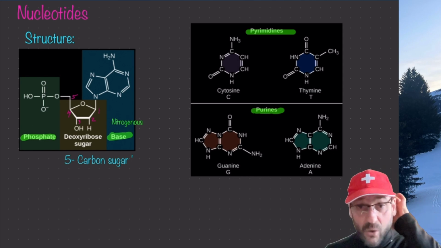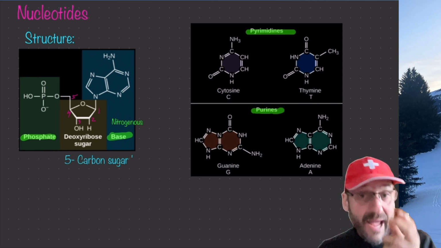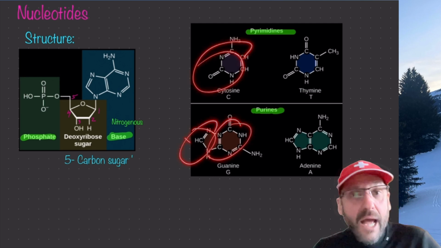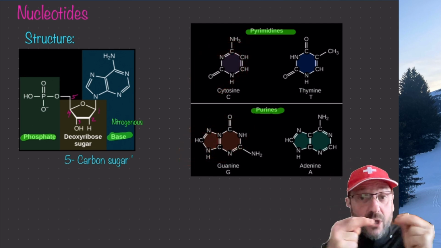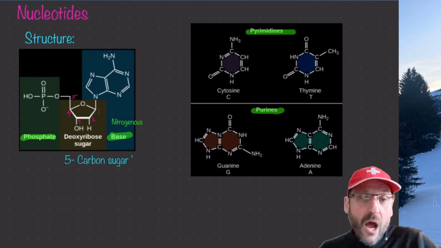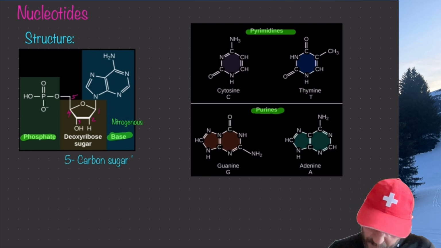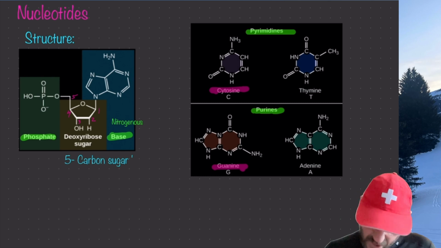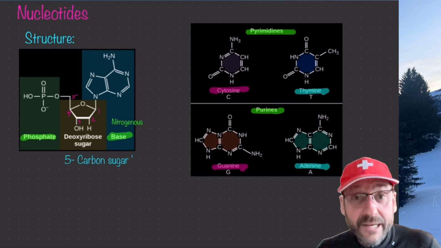And so when we look at the nitrogenous bases, we have these 1-ring and 2-ring structures, and one of each is going to connect with the other. So what we're going to end up having, and we learned that before, is a purine and a pyrimidine come together. We're actually going to have the cytosine connect with the guanine, and then we're going to have the thymine connect with the adenine.